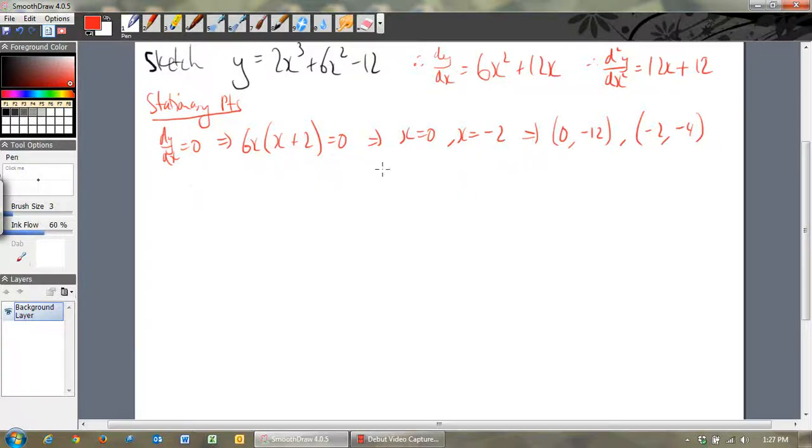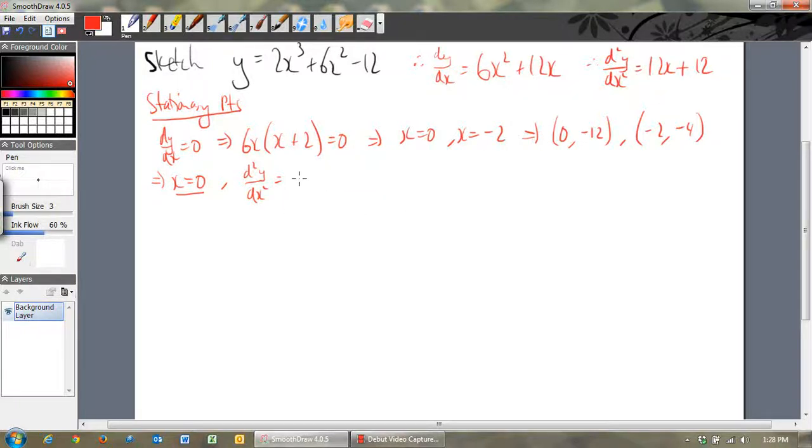Okay, fantastic. Now, are these maximum or minimum turning points? It's just good to figure this out. So when x is equal to 0, let's have a look at what the second derivative is when x is equal to 0. The second derivative is equal to 12x plus 12.